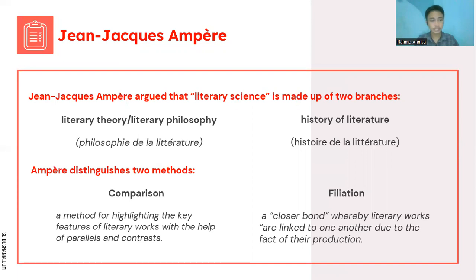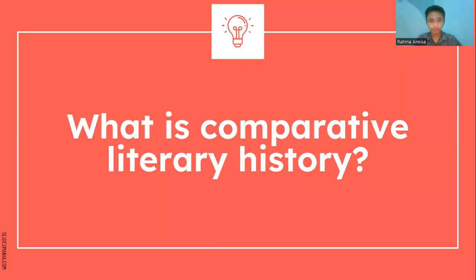He also distinguishes two methods. Firstly, comparison, a method for highlighting the key features of literary works with the help of parallels and contrasts. And the second one is filiation, a closer bond whereby literary works are linked to one another due to the fact of their production.